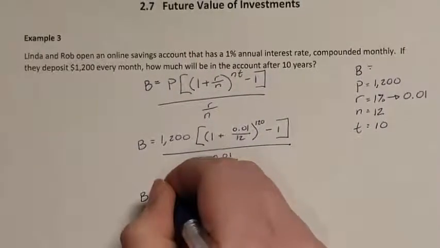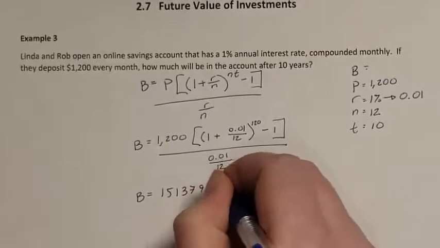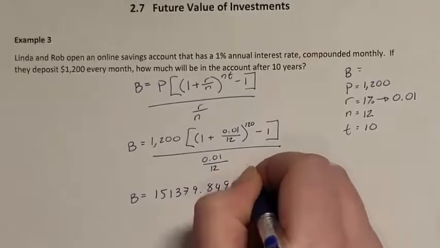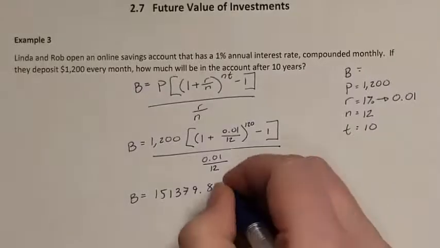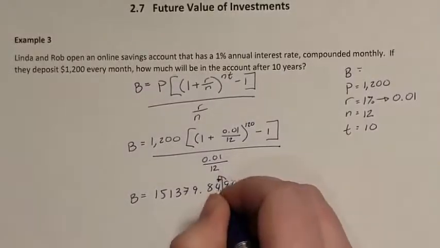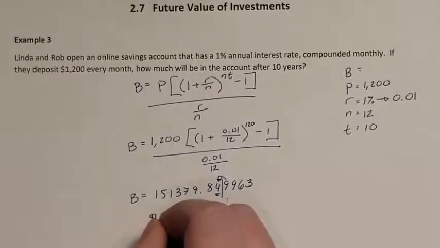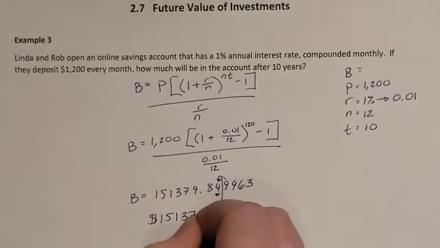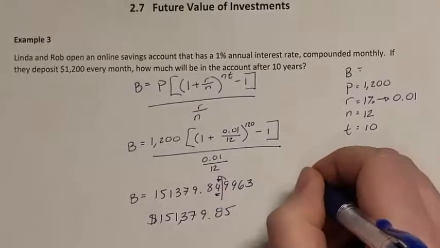Doing that, we end up having 151,379.849963 as your answer. Money has 2 decimal places, so we have to cut it off here. The 9 is bossing the 4 around and says you need to move up 1 more. So our answer is $151,379.85, putting in your placeholder commas. So how much is in after 10 years?